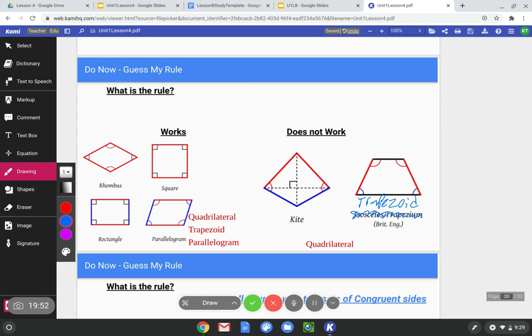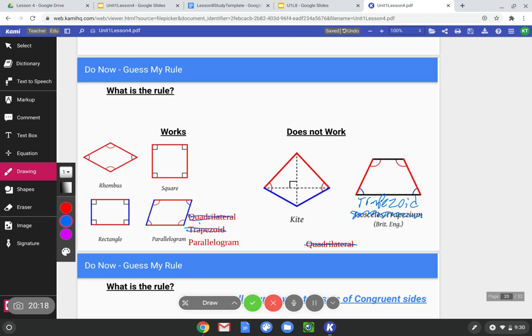So I'm guessing, okay, the rule can't be quadrilateral because they're both quadrilaterals. Okay. And the rule can't be trapezoid because, look, this is a trapezoid. If the rule was that they had to be trapezoids, this shape would have been over here. So since it's not, I know that can't be the rule.